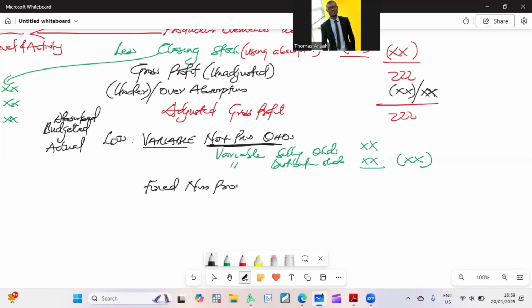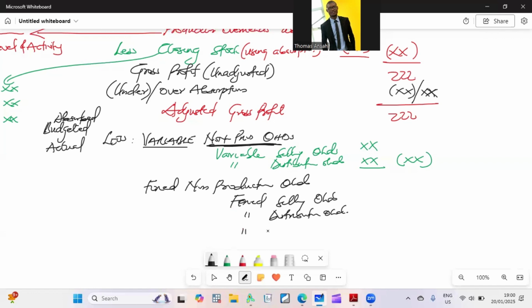And those ones too can be the same thing. Fixed non-production overhead. It can be fixed selling overheads, fixed distribution overheads, and fixed administration overhead.